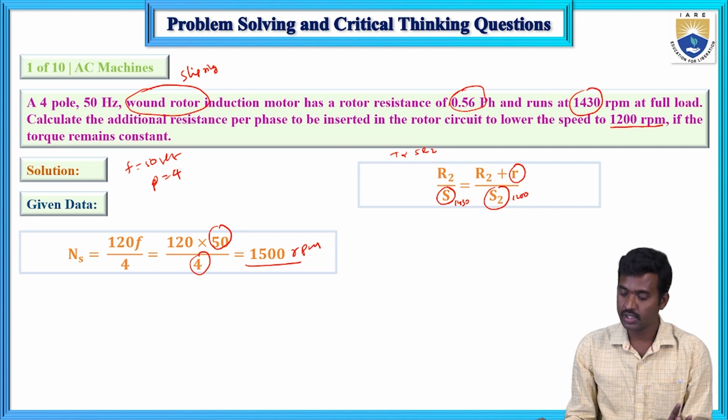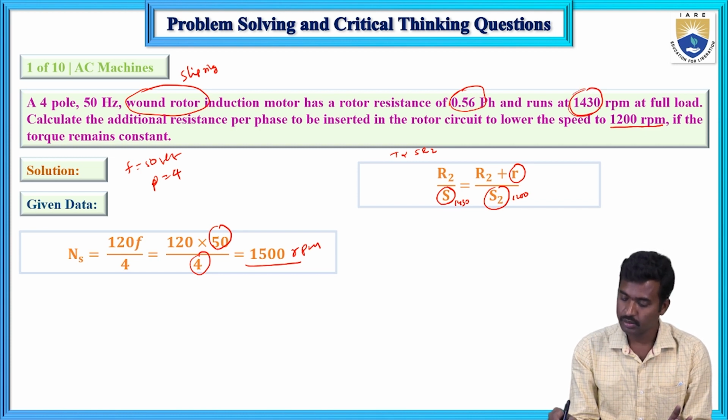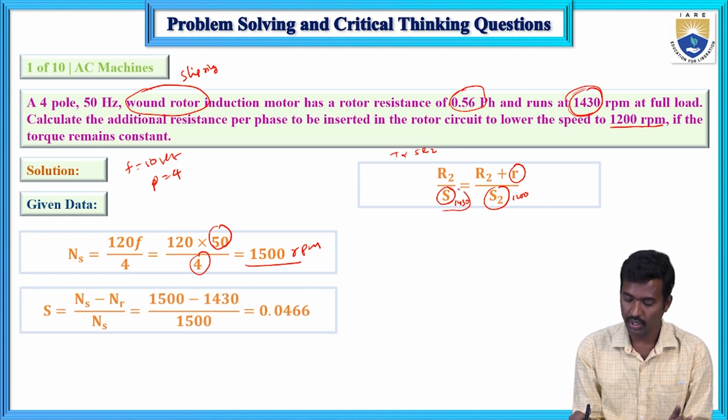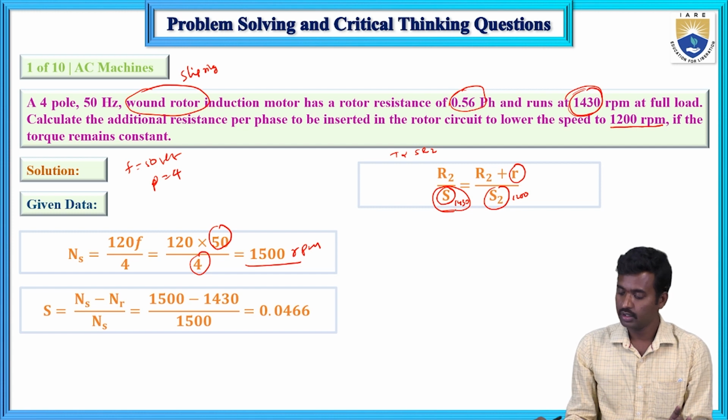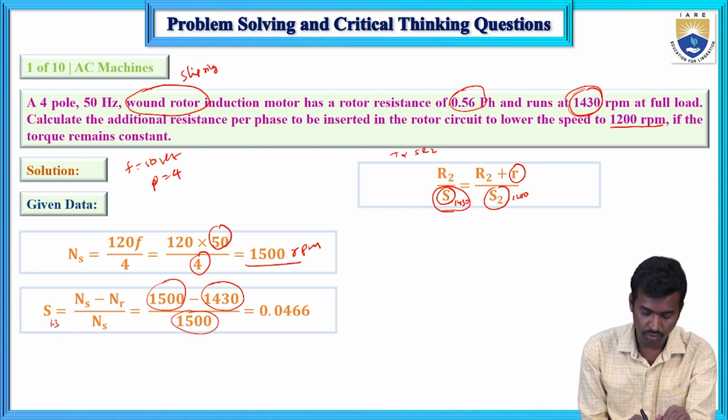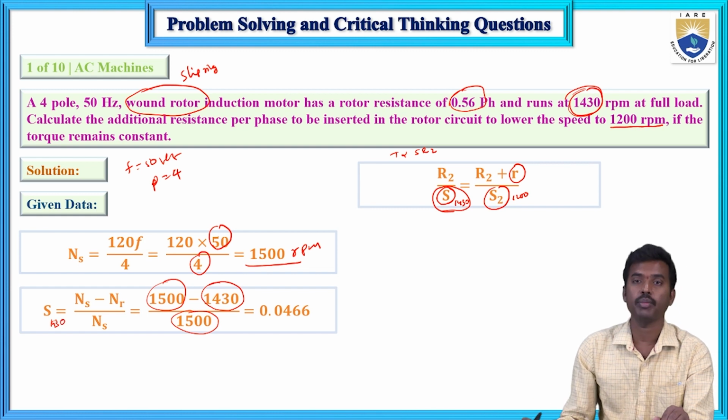From the synchronous speed and the running rotor speed, we can determine the slip value. The synchronous speed is 1500 rpm and the running speed is 1430, so this is the slip at 1430 rpm.